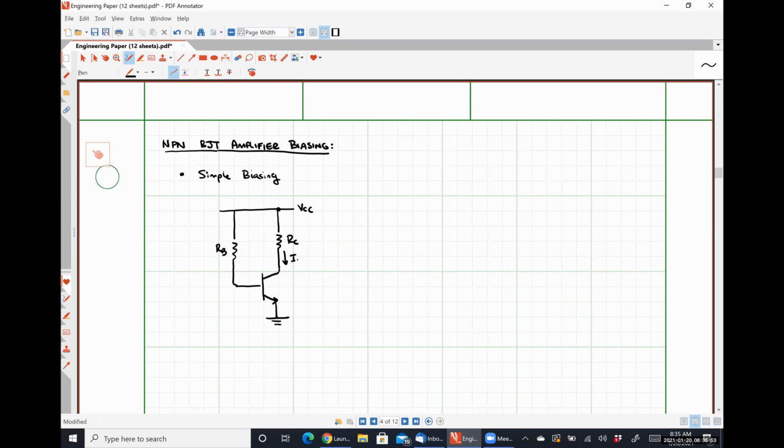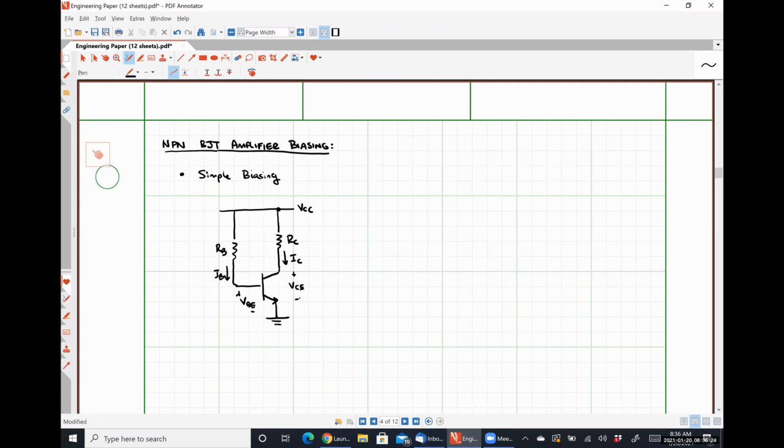And I'm going to define some parameters of interest. IC, IB, our voltage VBE and our voltage VCE, okay? So the ultimate goal here is to develop the relationships that will allow us to keep VCE greater than VBE in terms of these different circuit parameters, all right?